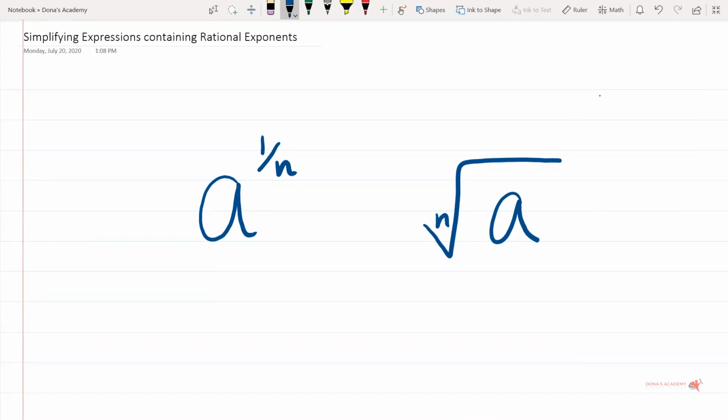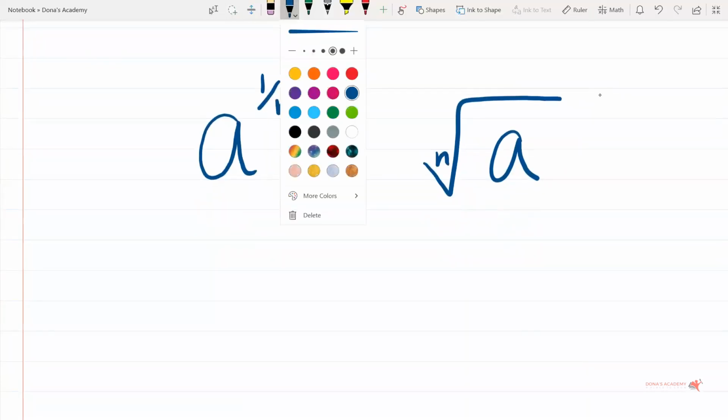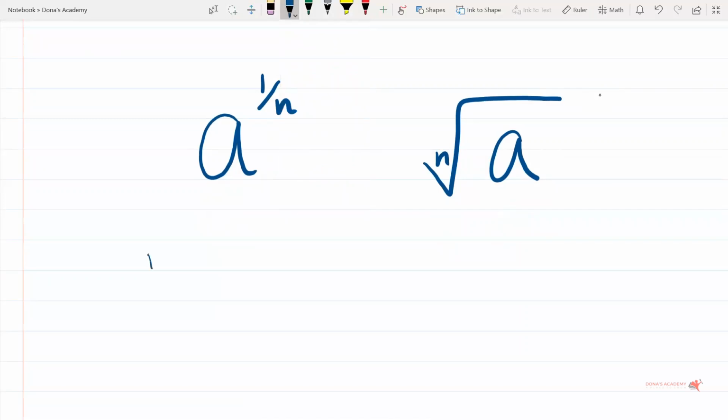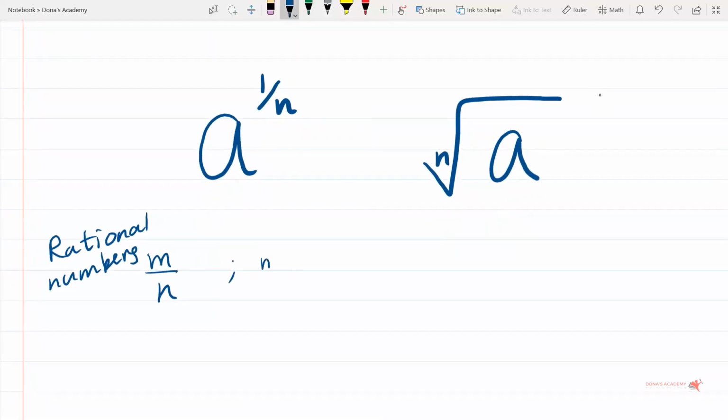All right, so rational exponents. First of all, let me remind you what a rational number is. A rational number is always a number of the form m divided by n, where these m and n are integers. However, this n, the denominator, cannot be 0, otherwise it is undefined.